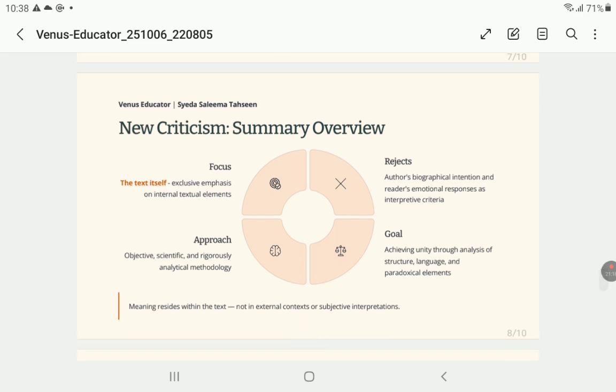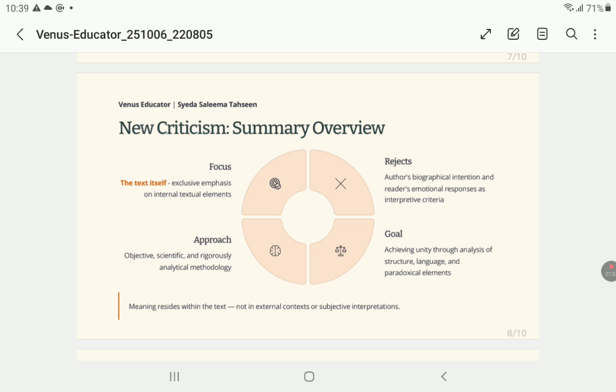So this is the summary of what we have learned today. The major focus of New Criticism is the text itself, not the poet, not the name of the poet, neither the intention of the poet, and not the background of the author, right?